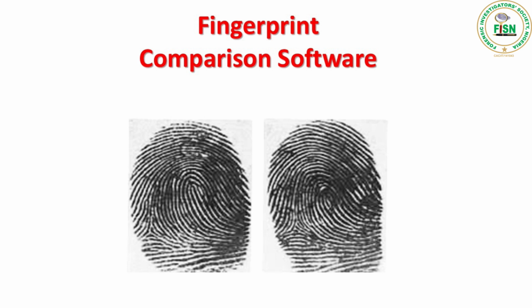If either of them is not clear enough, the software can be used to enhance it, if it is enhanceable, either of them or both of them, before they are compared. There are many of them that you can lay your hands on. So if you have any of these, they can be used. But a human being will still assist. A questioned document examiner, or a fingerprint expert, will still assist to do the work.